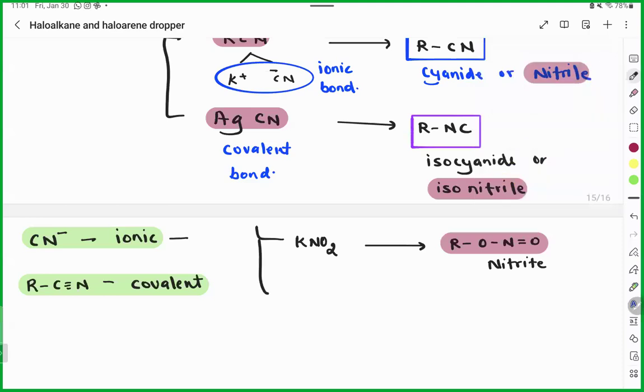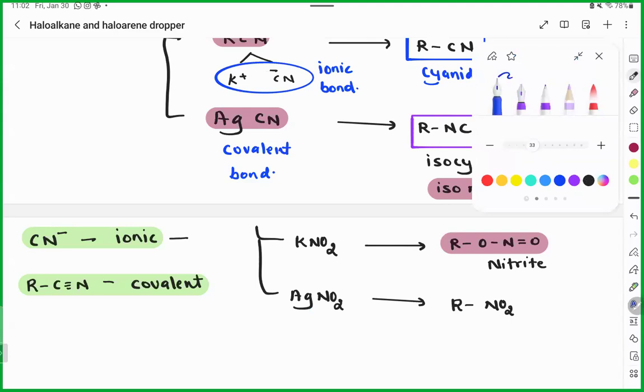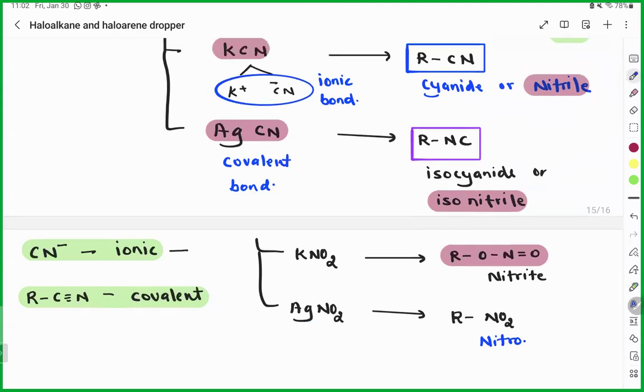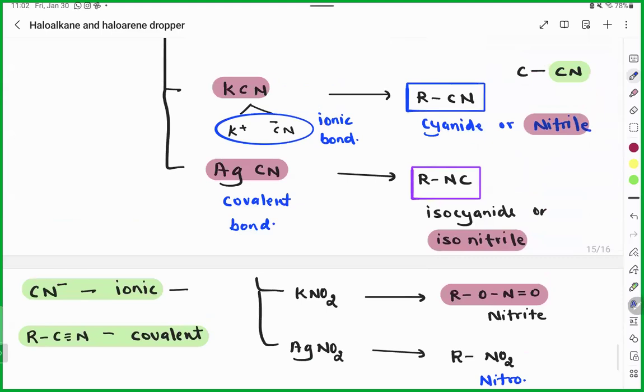And if you take AgNO2, Sania, what will be the product? Simple breakdown, nitro. Really, really important. Got it? So focus on these four examples: KCN, AgCN, AgCN covalent. That's why isonitrile. And in KNO2, AgNO2 forms simple nitro. Very, very important.